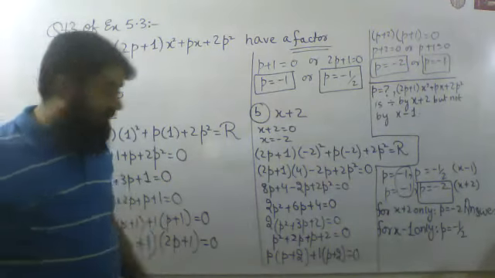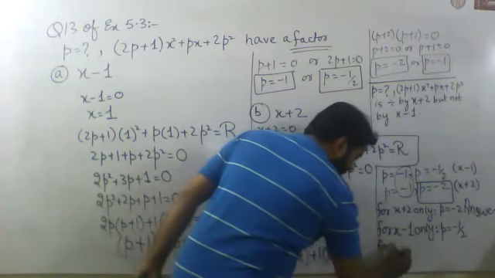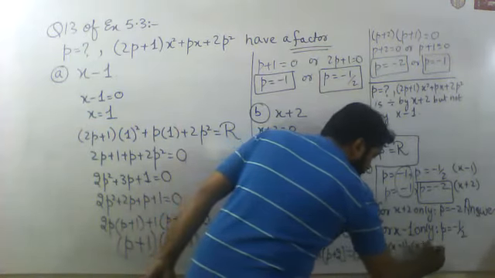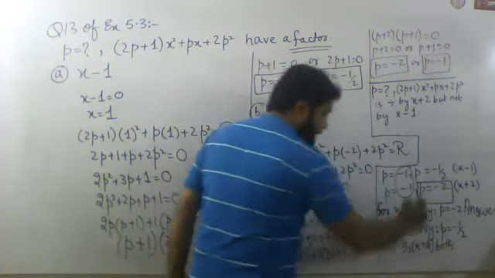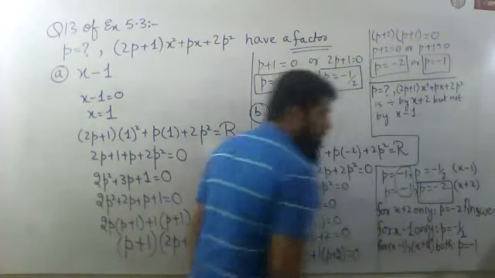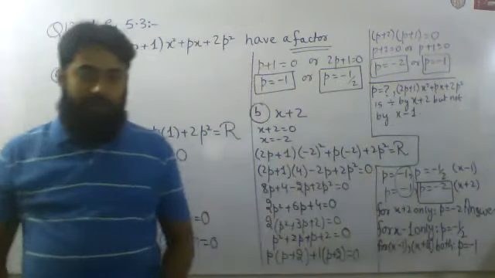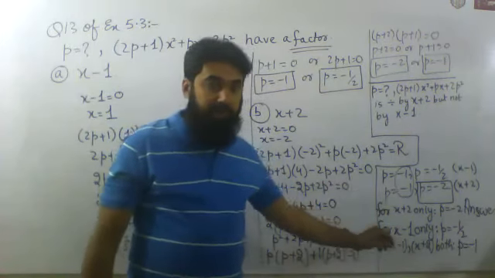And if they are saying for x minus 1 and x plus 2 both, which value should I use? Then you will say the value should be p equals to minus 1 because that's the common value over here. I have written all the scenarios, right?